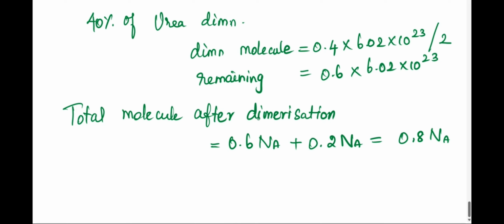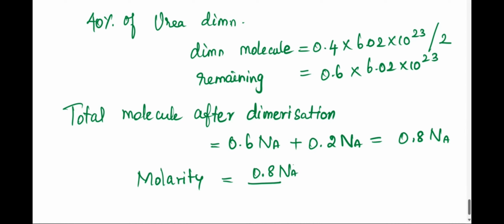So the molarity, what we have to find, is the number of moles of solute by 1 liter volume of the solution, in liters. 1 liter they have given. So 0.8 moles of molecules are present there.